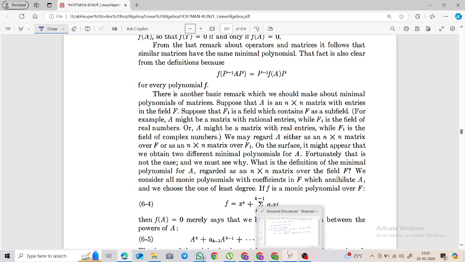Okay, so I will request you guys to go through from page number 191.